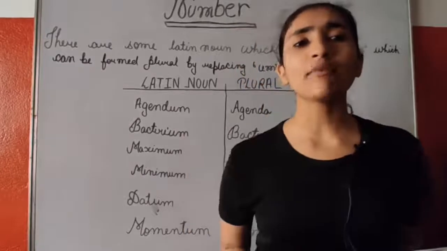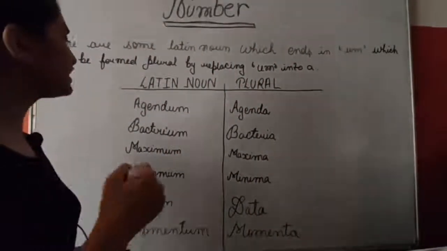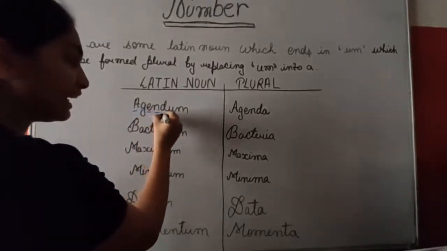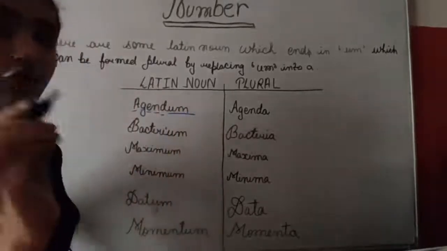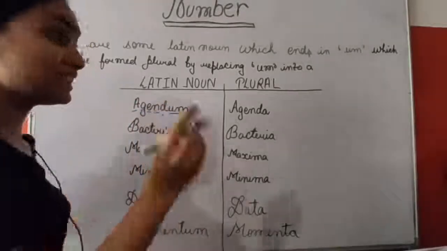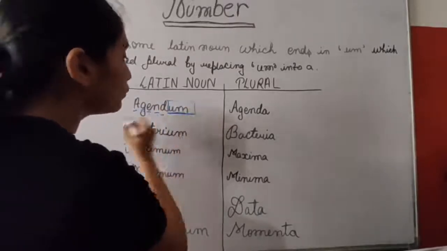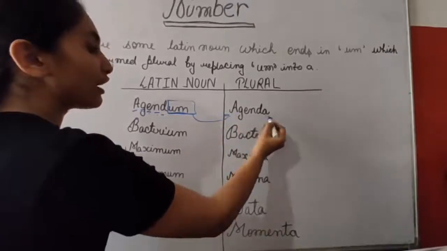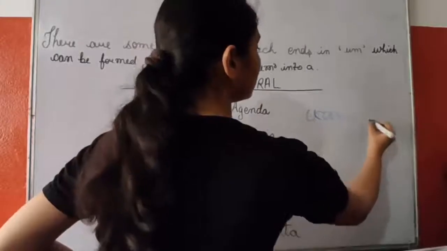If we talk about the plural form of agendum, here you can see agendum, A-G-E-N-D-U-M. This Latin noun ends in um, so in the plural form um will be replaced with a.